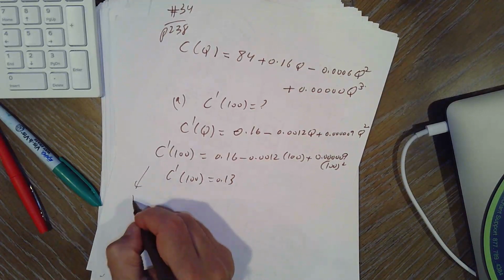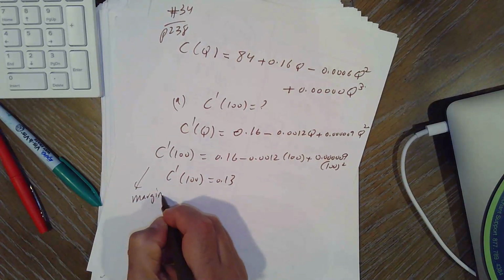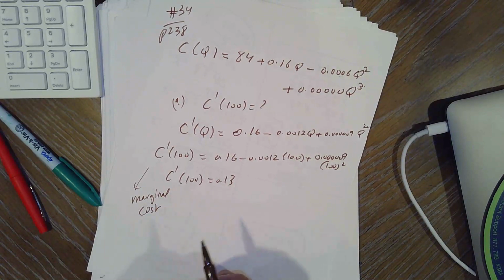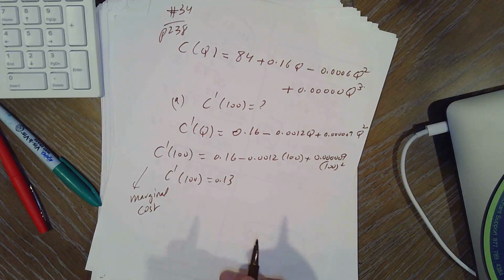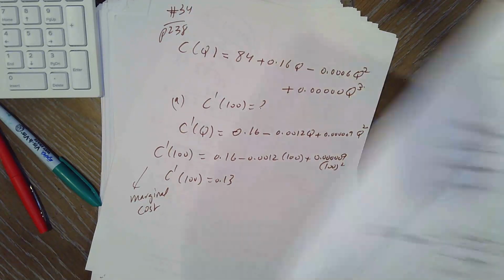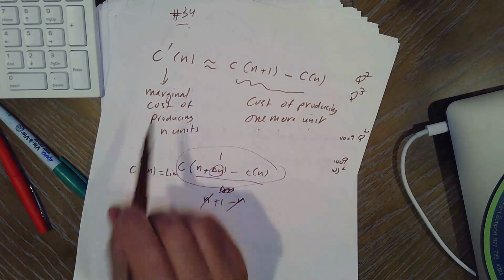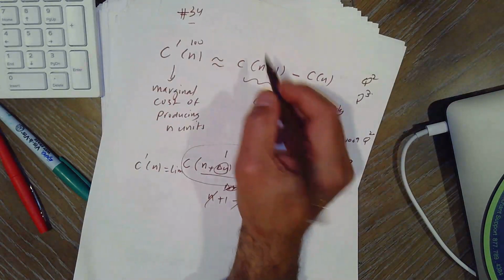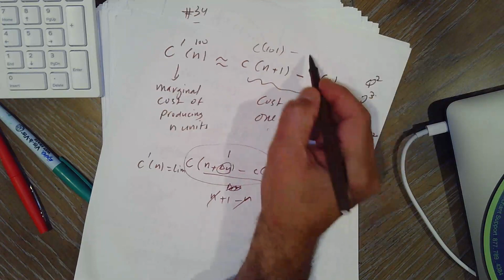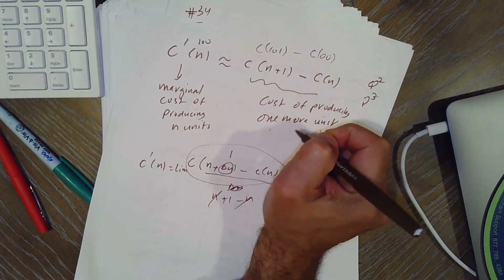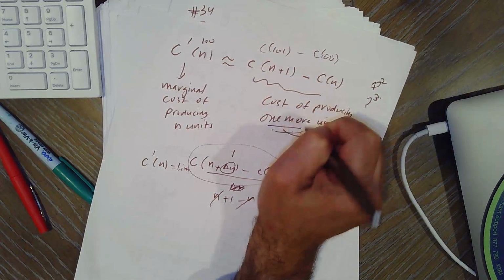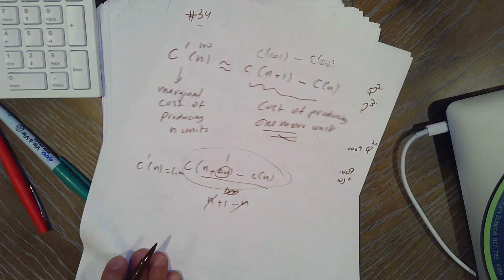Remember, this is the marginal cost, which is roughly the cost of producing the 101st unit, right? Remember what we said? It's the cost of producing one more unit. So if you're doing C prime of 100, it's roughly C of 101 minus C of 100, which is the cost of producing one more, which is the 101st unit.